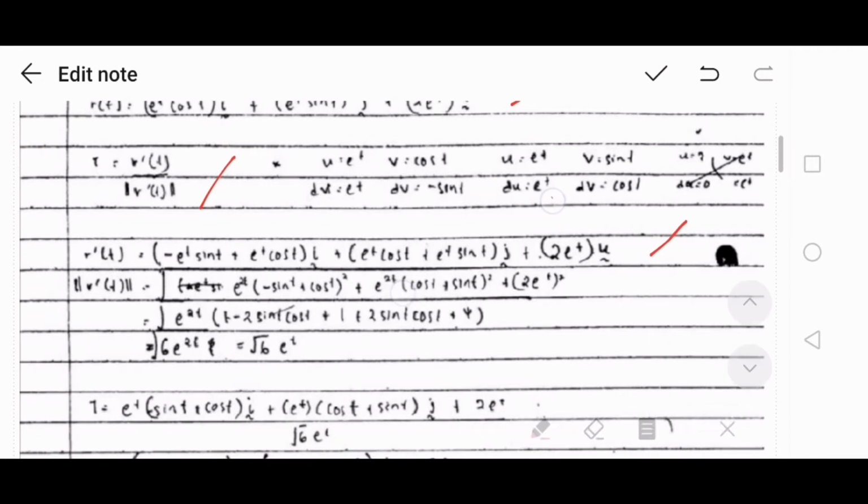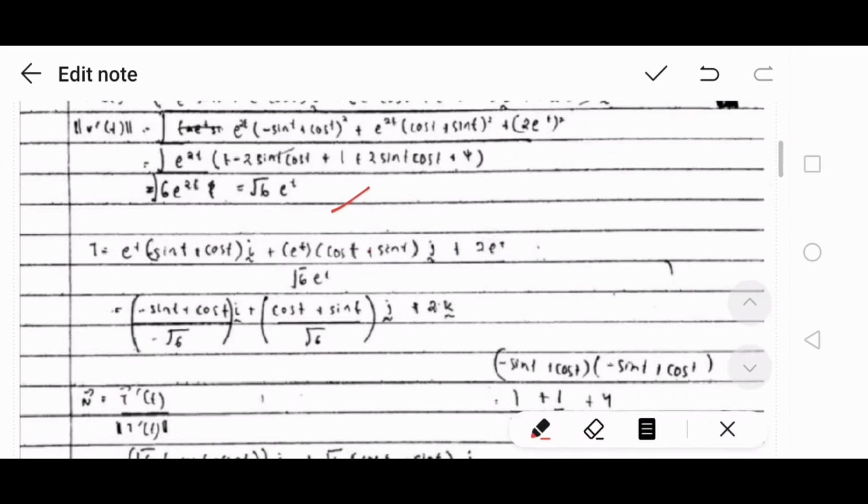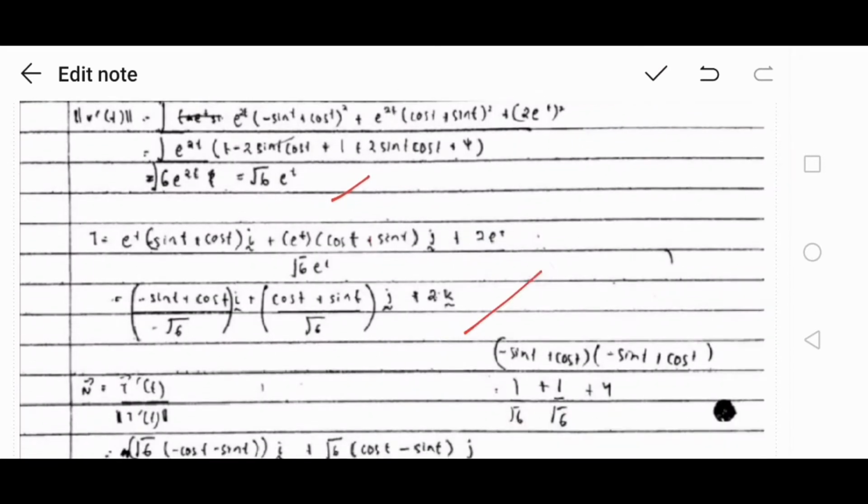Then we must find the magnitude of r prime t, and then we get square root 6 e power of t. So we substitute it back into the formula of the unit tangent vector, and then we get the unit tangent vector as this one.